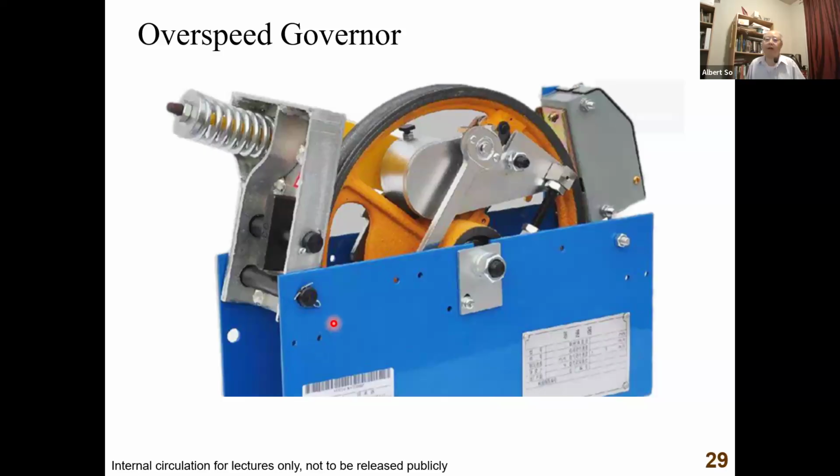So that means when the car is moving up and down, this overspeed governor sheave is also rotating, of course, in different directions. Suppose this side is the car top, and this side is to the tension pulley. Then when the car is going up, the sheave will rotate clockwise, and if the car is going down, the sheave will rotate anti-clockwise.